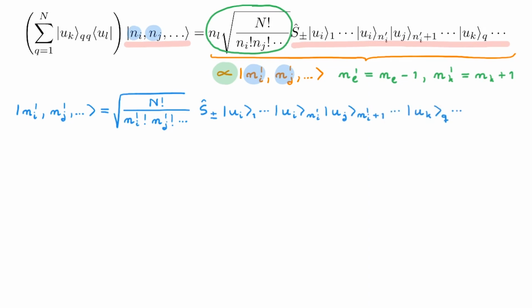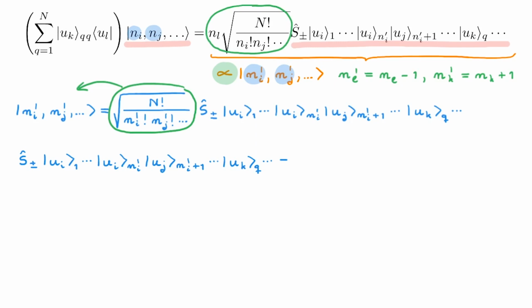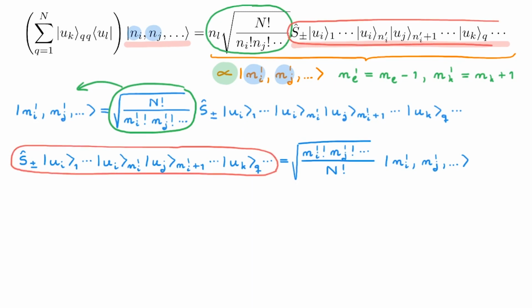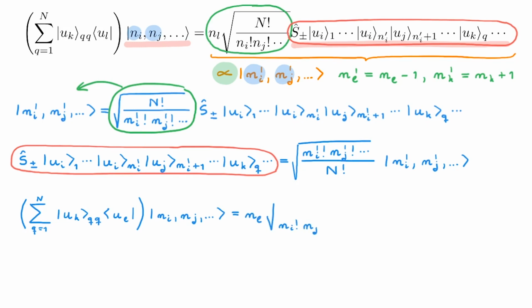We can rearrange this expression by moving the prefactor to divide the other side, and we get the symmetrized or anti-symmetrized tensor product state as equal to this prefactor multiplying the Fock state in the occupation number representation. The left-hand side here is now equal to this term up here, so that we can rewrite the top line by first repeating the action of the operator on the initial Fock state, and then setting it equal to the original prefactor, multiplying this new expression we just got for the symmetrized or anti-symmetrized tensor product.